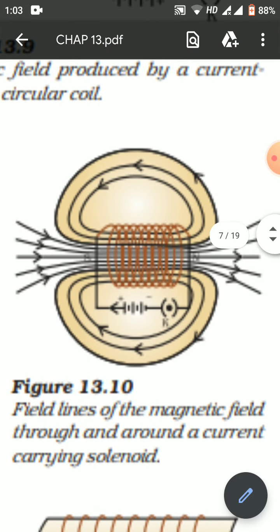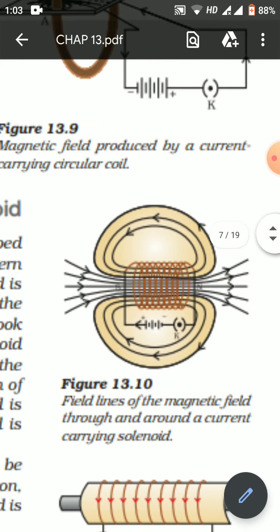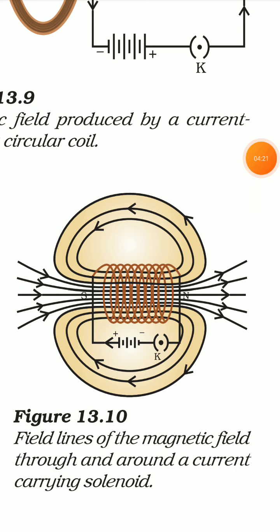Now, likewise, we have studied the straight conductor and the circular loop, and the magnetic field around them when some current I is flowing through them.